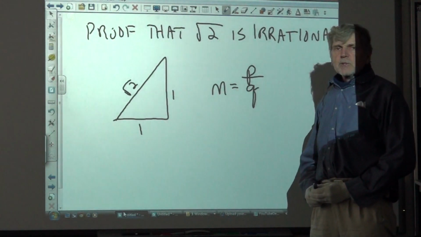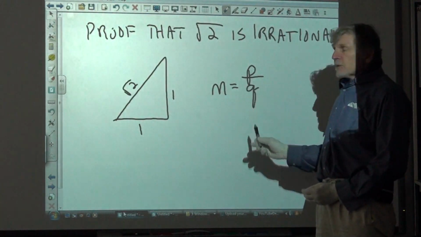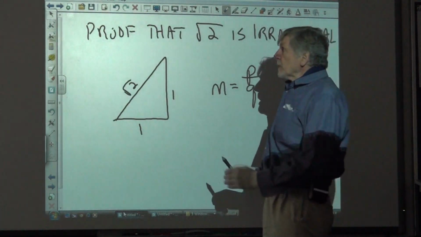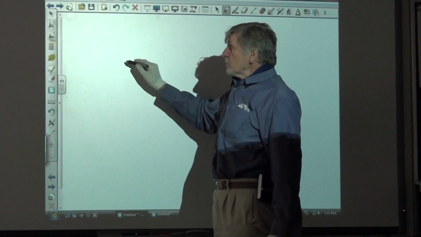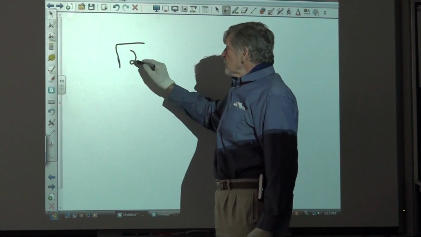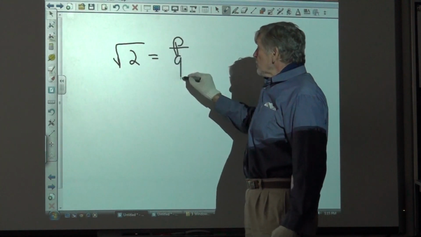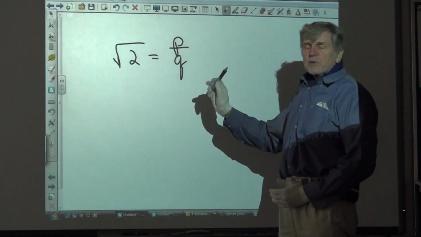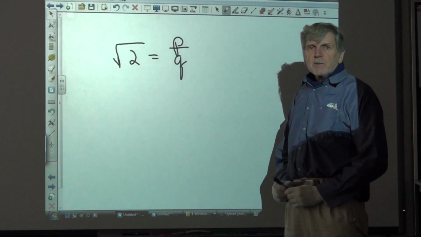So let's establish that the square root of 2 cannot be expressed as an integer divided by another integer. First, let's assume that the square root of 2 can be expressed as one integer over another integer. One integer over another integer is a definition of a rational number.